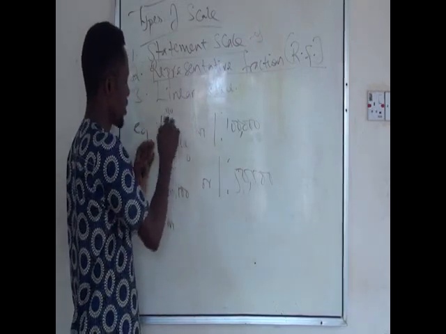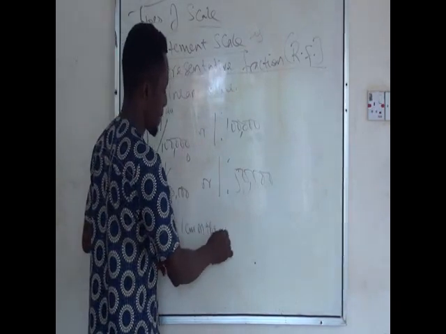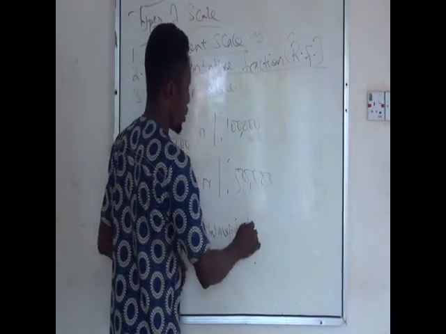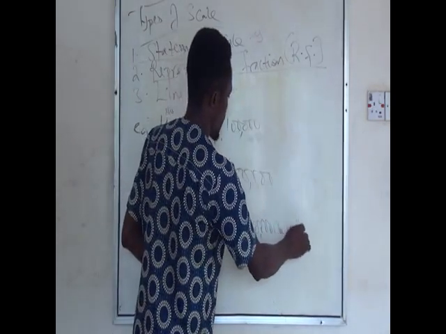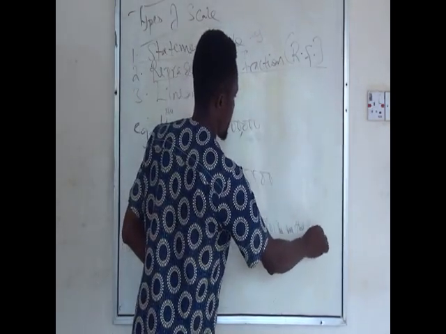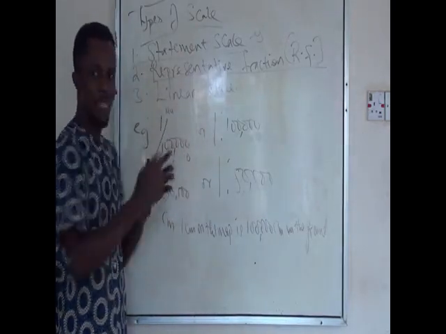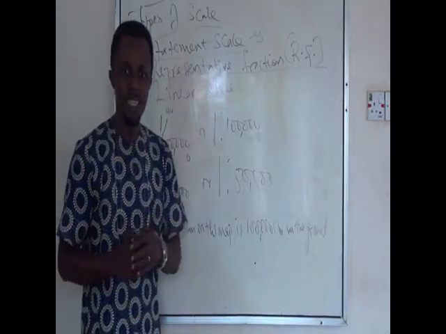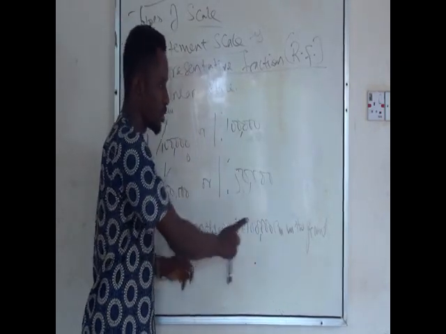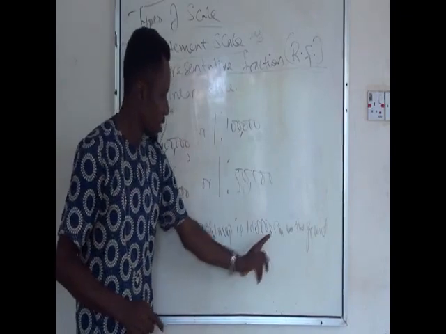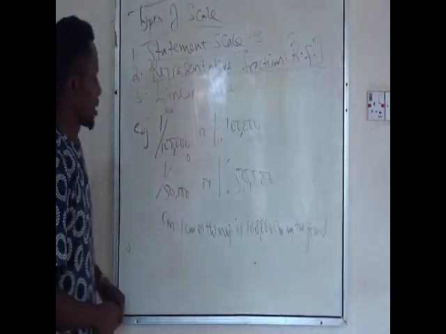What this is trying to tell us is 1 cm on the map is 100,000 cm on the ground. So if you are using this scale and you make a 1 centimeter measurement on your map, it actually means the area you just measured is 100,000 centimeters on the ground, which is equivalent to 1 kilometer.